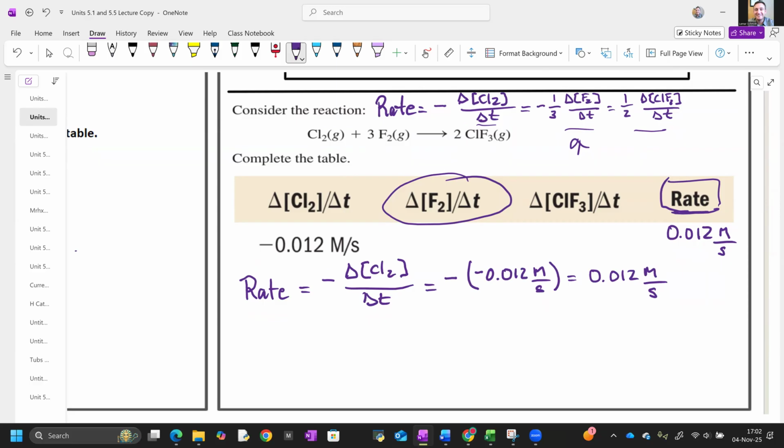And so I'm going to rewrite the rate expression, and that rate expression is equal to negative 1/3 the change in concentration of F2 with regard to the change in time. But we're not interested in the rate. All we're interested in, let me highlight this, is this expression right here. So let's rearrange this equation to solve for that expression.